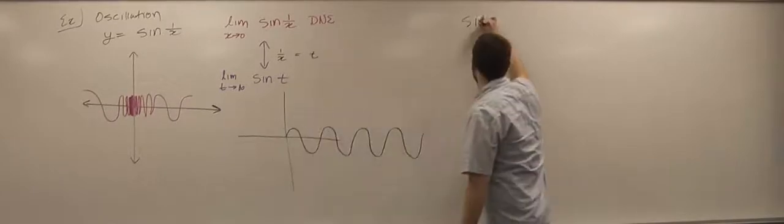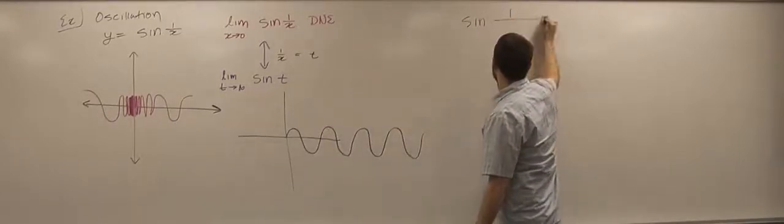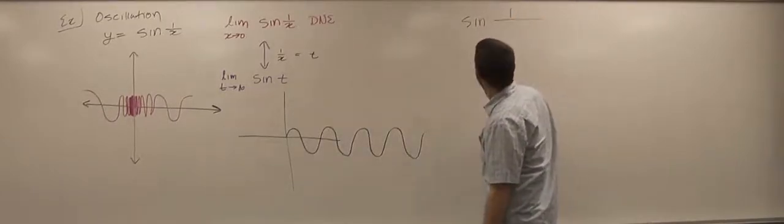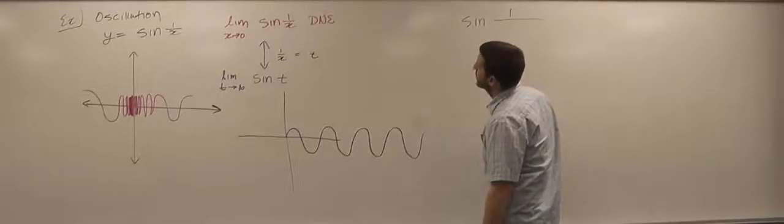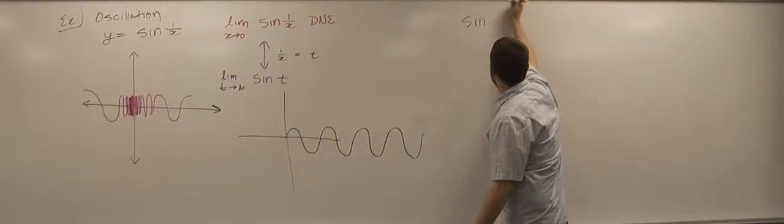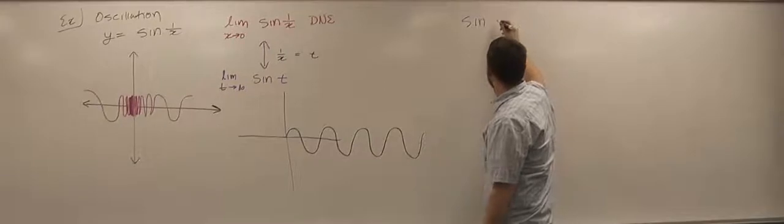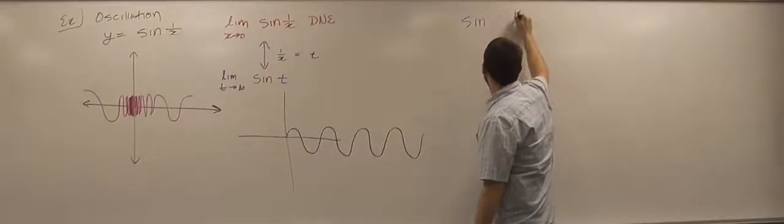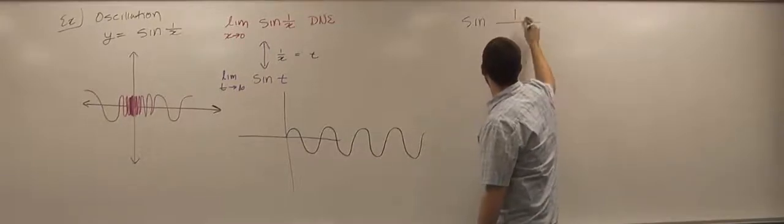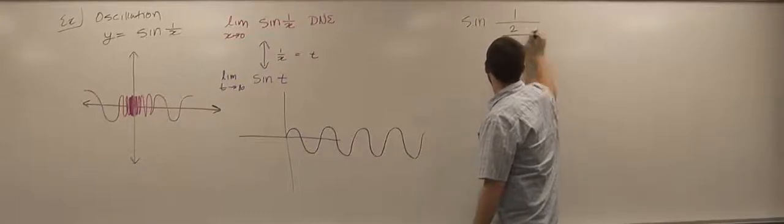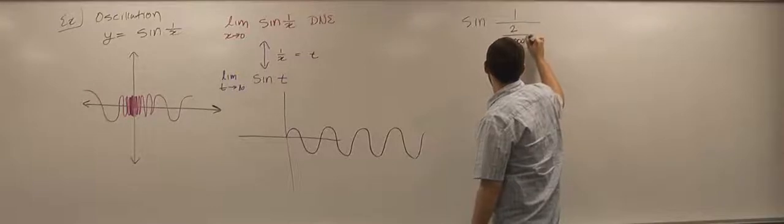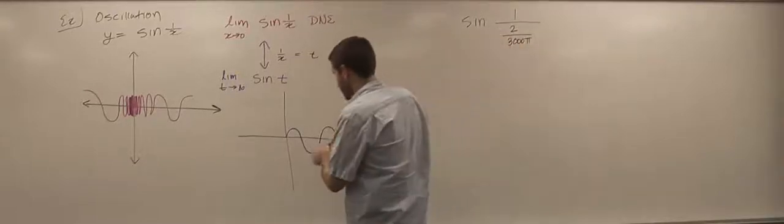What's sine of 1 over 2 over 3,000 pi? This is a small number on the bottom, right? This number's close to 0.